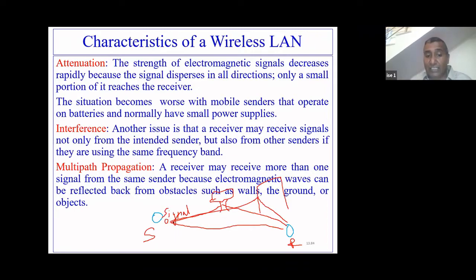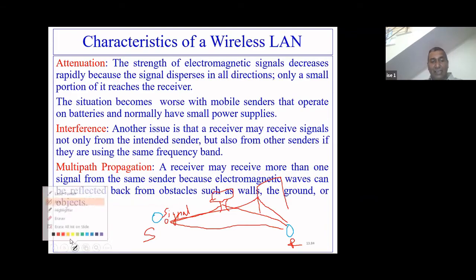So multiple copies of the same frame are being received. A receiver may receive more than one signal from the same sender, because this electromagnetic wave gets reflected from various obstacles such as walls, trees, ground, and objects. Multiple copies will be there.